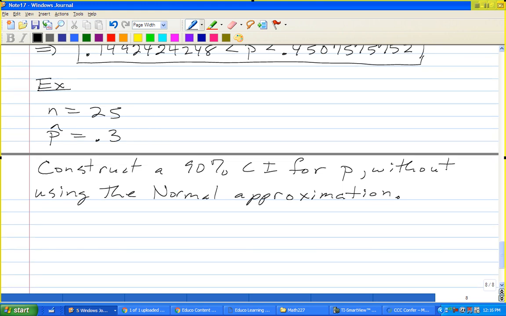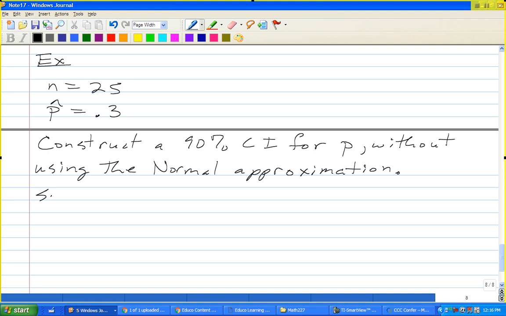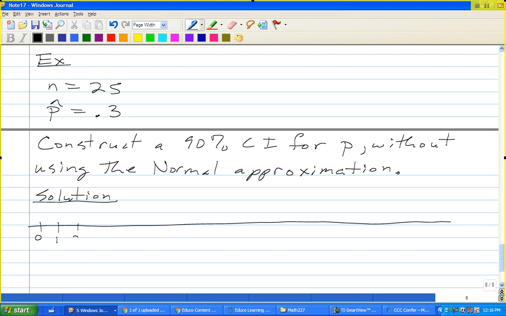So let's do this. Okay, so I can look. So this goes from 25. That's a lot of numbers. Can't even fit them all.